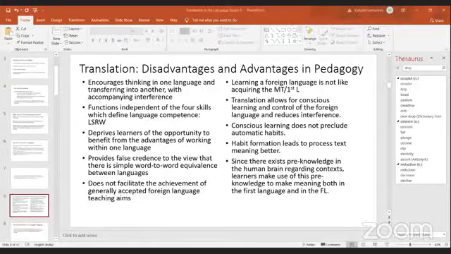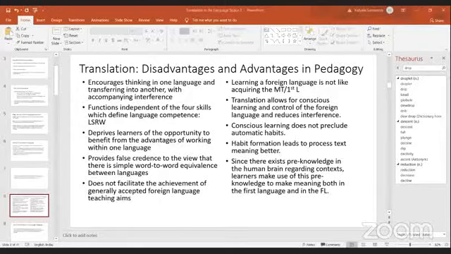So in the latter half of the 20th century, translation occupied rather a controversial role in language teaching and learning and was not considered essential. More recently, however, an increasing number of research studies have been made, with a more balanced examination of the use of translation in language learning at higher levels. So these are some of the advantages and disadvantages that I'd like to discuss.